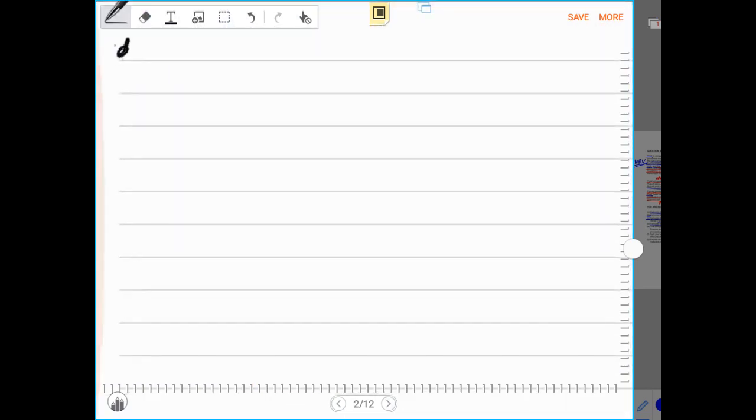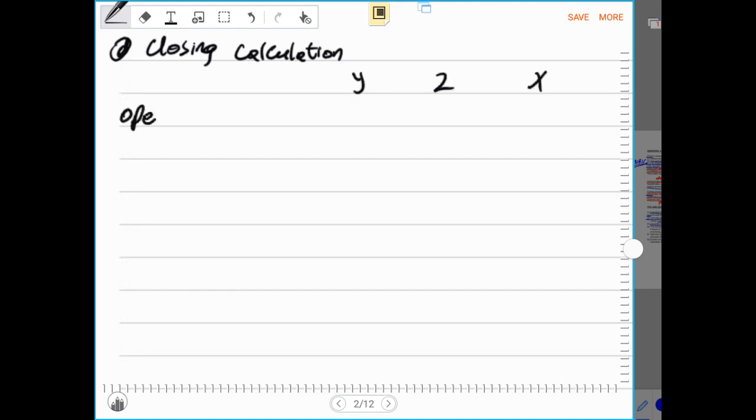Number D, we start with the closing inventory. Closing inventory calculation. That means how do we calculate the closing inventory? We need to know that we have 3 products: product Y, product Z, and product X. And we start with the opening units that were there.